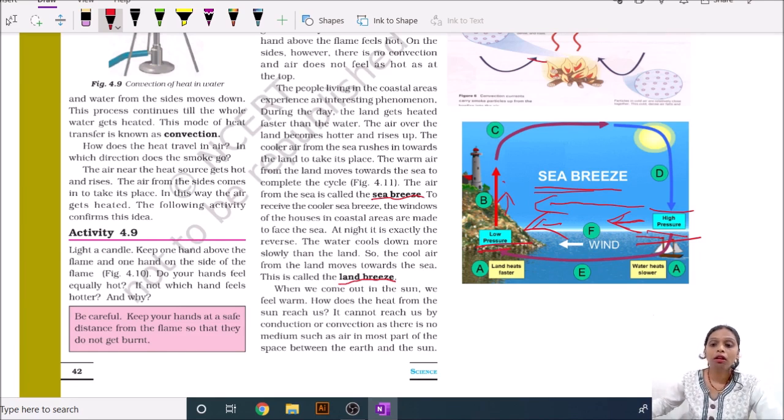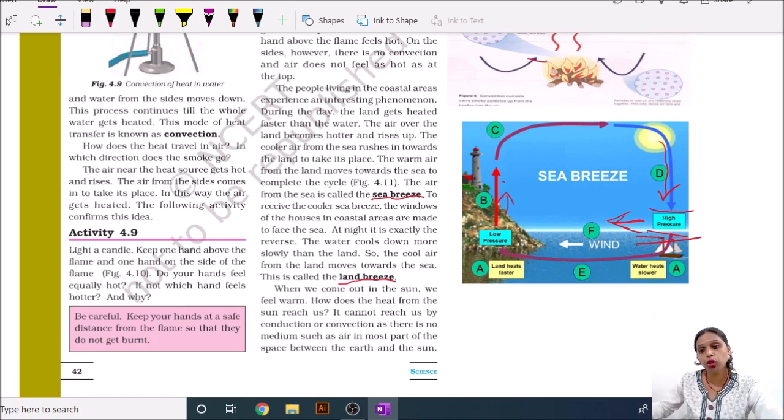cools after some time and again comes to the land. This cycle continues throughout the day, and this process is called sea breeze.